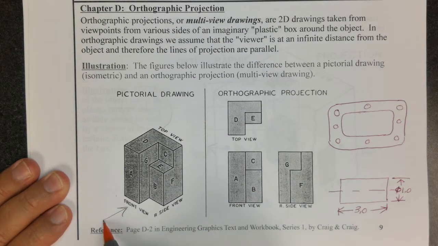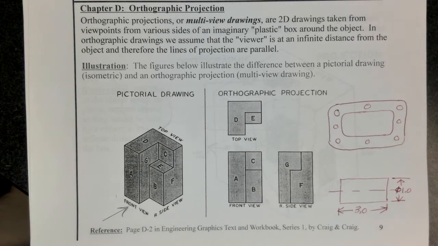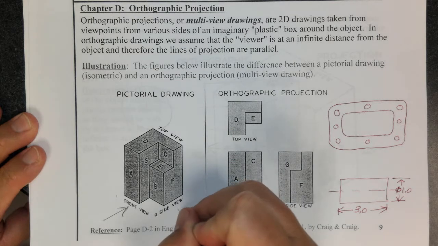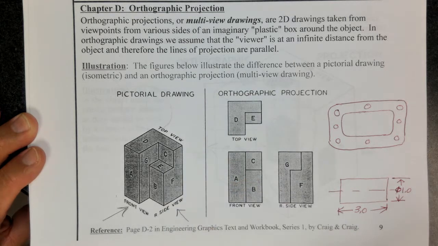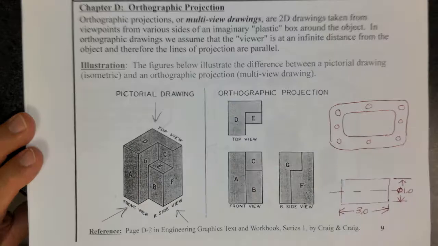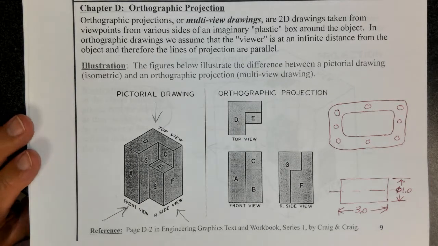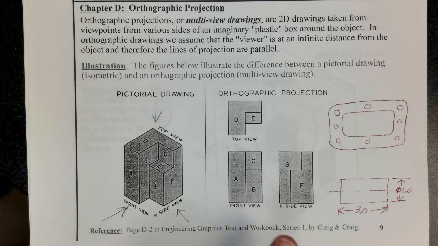And your line of sight is perpendicular to either A, B, or C. Those are the only surfaces you would see from the front view. And likewise, if you're on the right side of your house, you would only see F and G. And then from the top, you would see surface D and E, as what's shown over here.